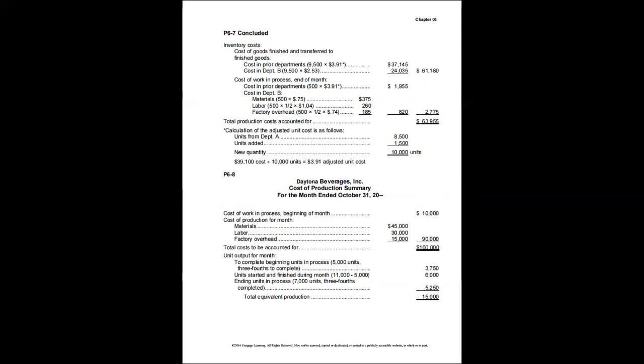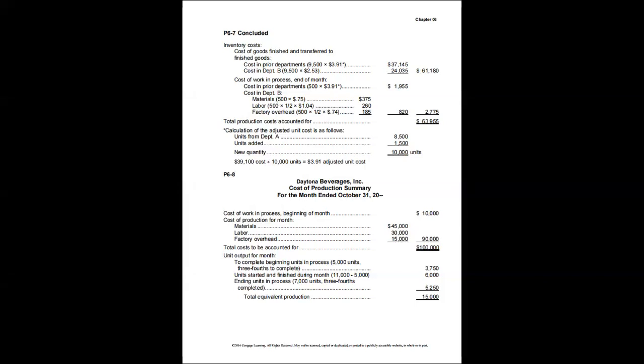That gives a unit output for the beginning inventory equal to 3,750 units. Then units started and finished during the month, 11,000 units. We deduct the 5,000 beginning inventory, so just started and completed.